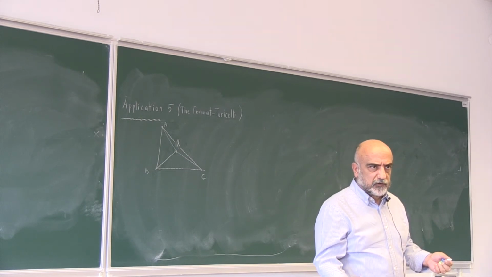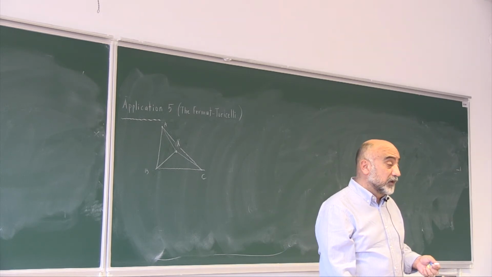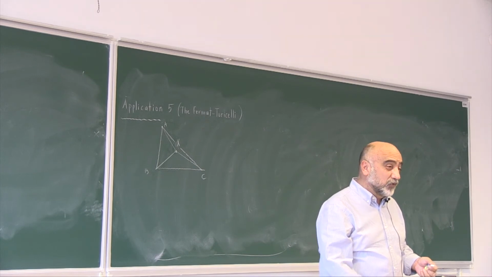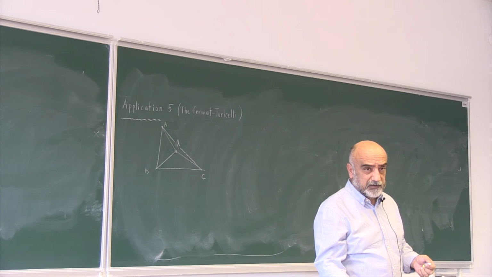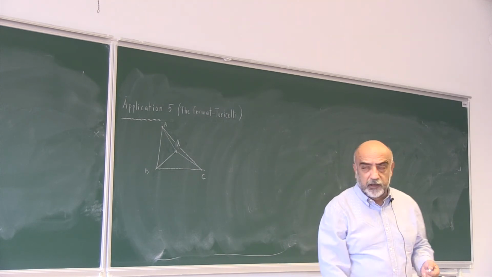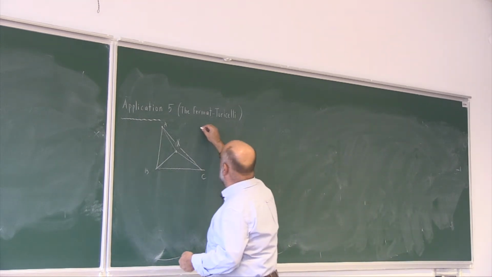So it must have a minimum somewhere, at least at one point. So where does that occur? If you try to do it with calculus, you will get impossible results. With calculus, you can do nothing, but with elementary geometry, you can.